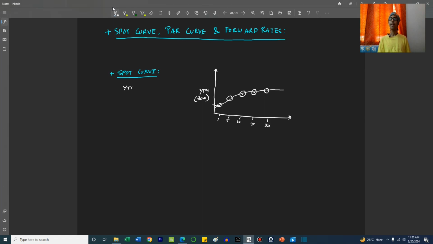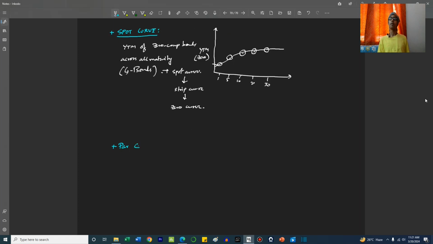So YTM of zero coupon bonds across all maturities. This can be generally government bonds. This is called the spot curve. Other terms used for the spot curve are strip curve and the zero curve.